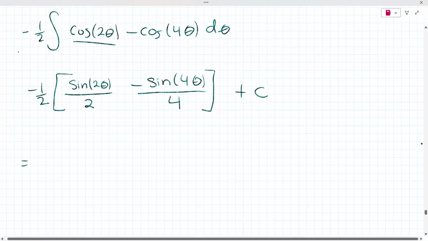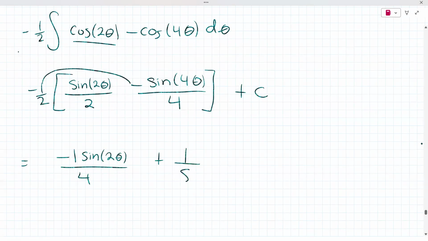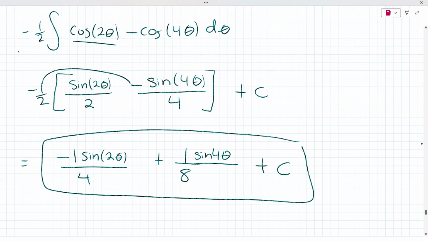My final answer is negative 1/4 sin 2 theta, and then distribute this negative 1/2. So that's the negative times the negative is positive 1/8 of sin of 4 theta plus c. Okay, that's my final answer.